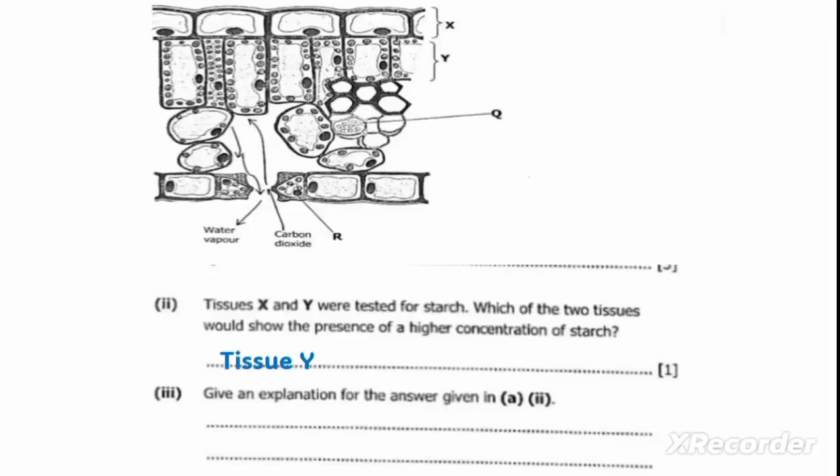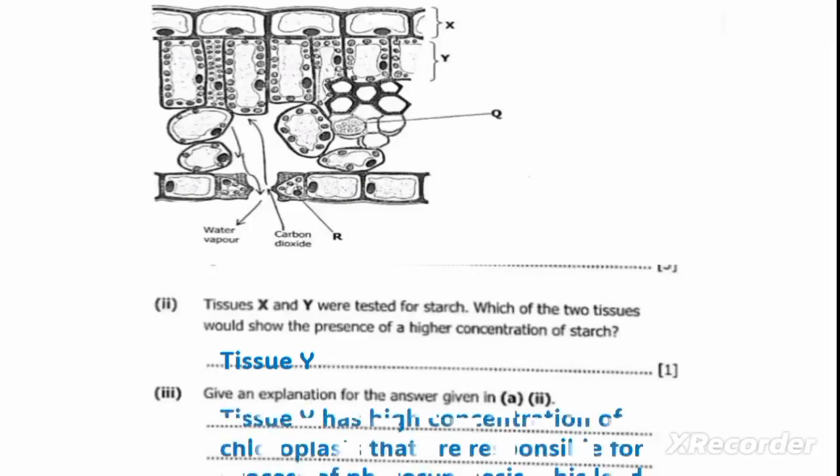Now they want us to explain why we have chosen tissue Y. So the reason that we are going to give, we are going to say tissue Y has high concentration of chloroplasts that are responsible for the process of photosynthesis. So we have given the reason. It is because of the high concentration of chloroplast.